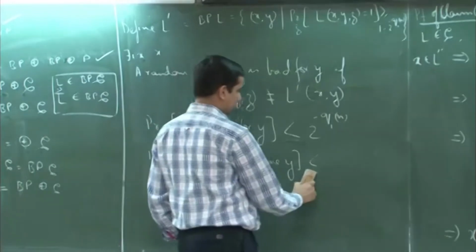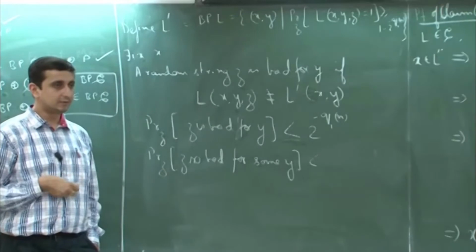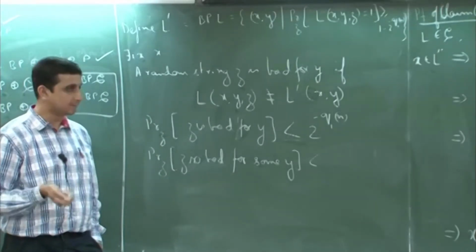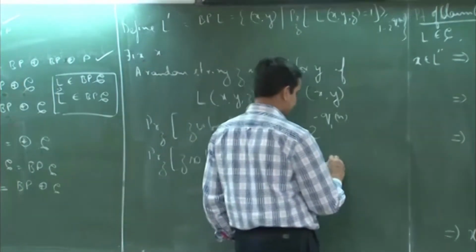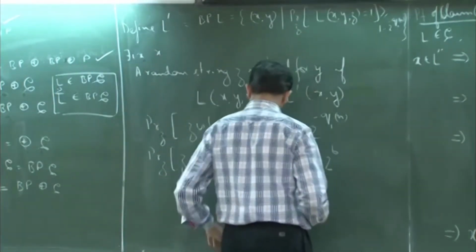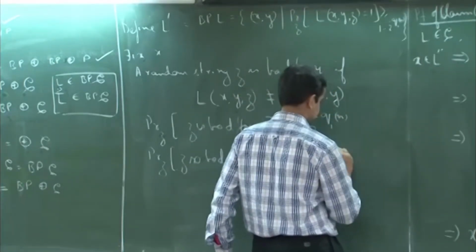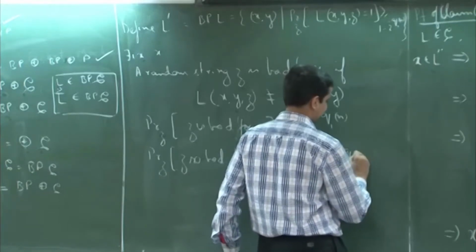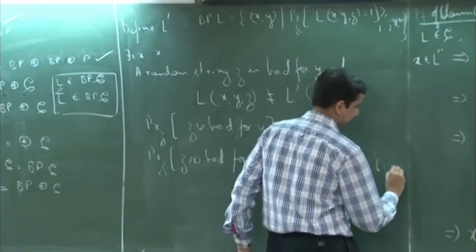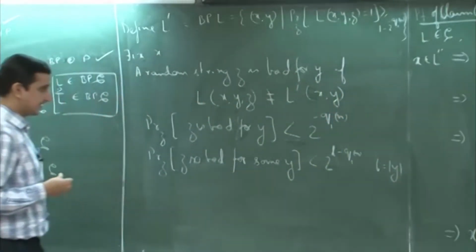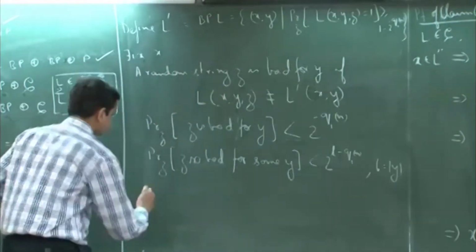So let's say we know that our y has length L. Okay. So the total number of such strings is 2 to the power L. So the probability that z is bad for some y is at most 2 to the power L times 2 to the power minus q1 of n, where L is the length of my y. Okay.